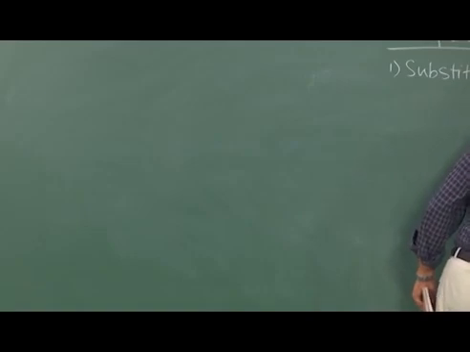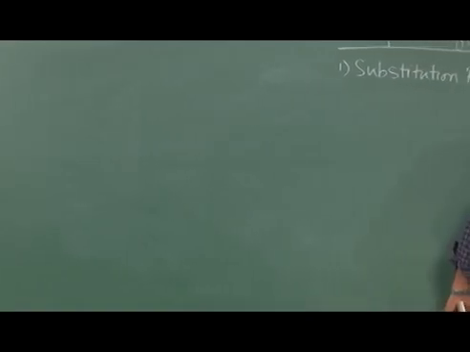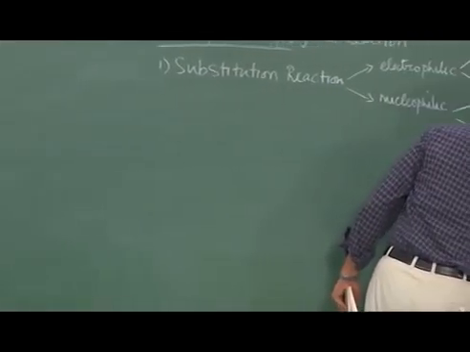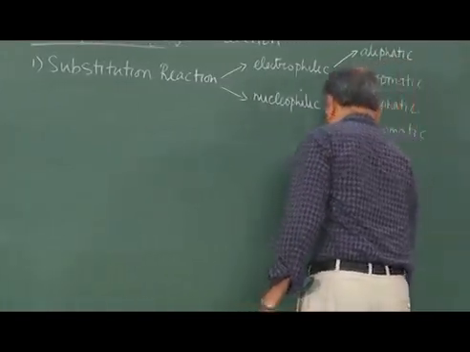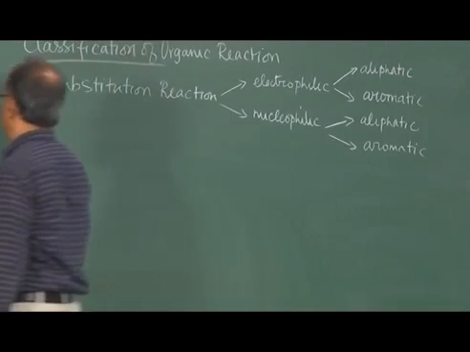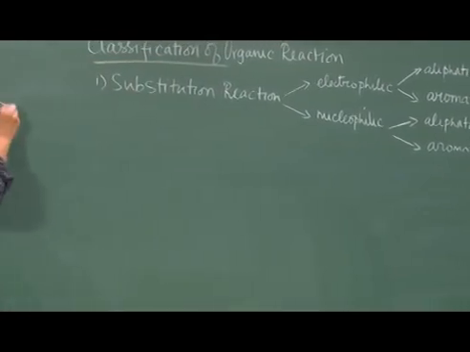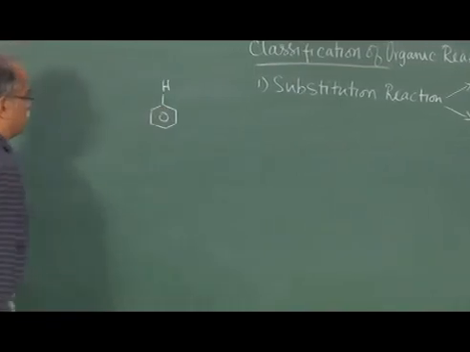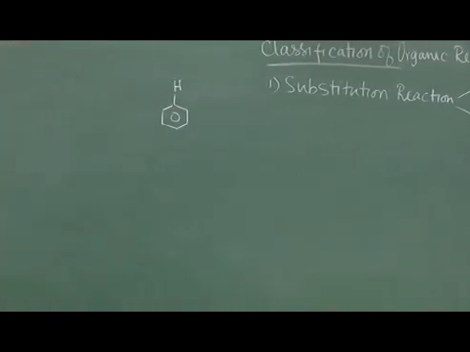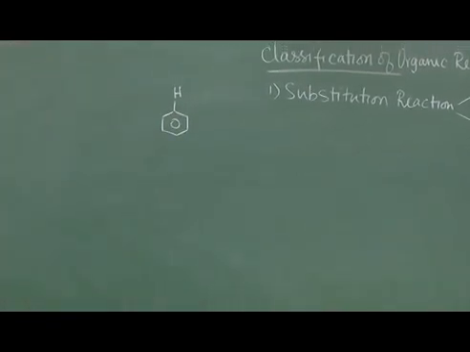For example, if you take benzene, it is said to be electron rich because of the sextet of electrons that are present in the pi orbitals of benzene. So, let us take the example of substituting this hydrogen of benzene, which is the same as every other hydrogen in benzene because it is a symmetrical molecule.